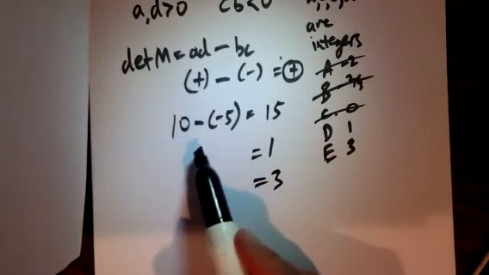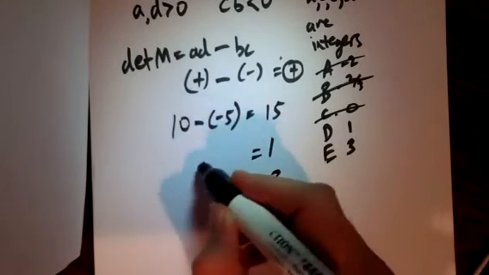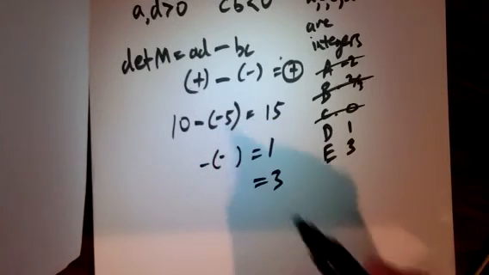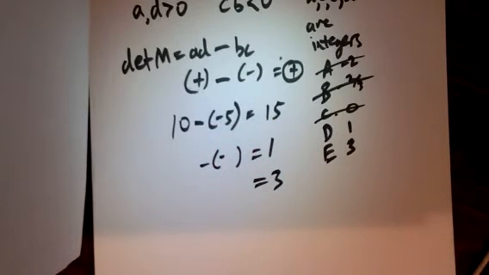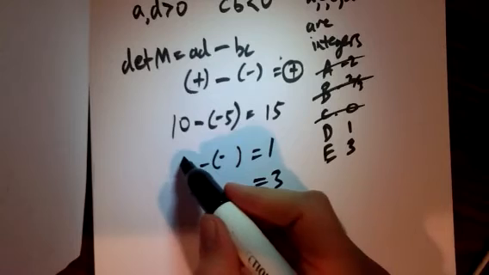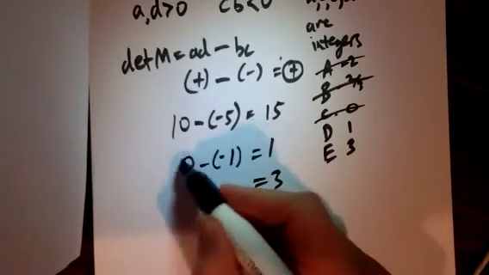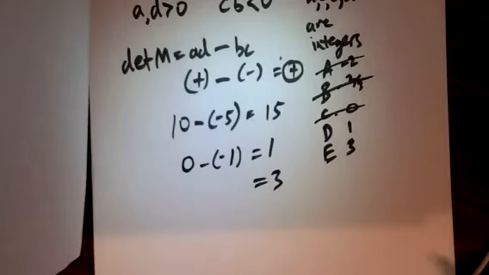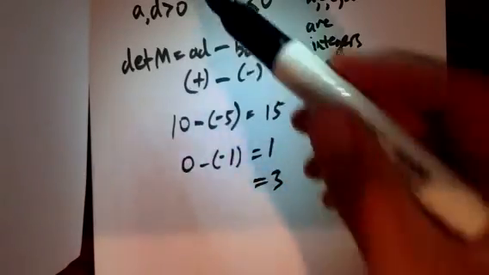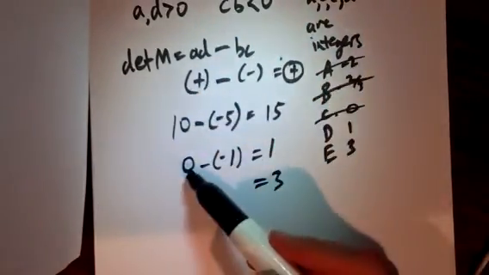Well, subtracting a negative, what could we really have here? Well, if it's 0 minus -1, that would be 1. But the first product must be positive, so that can't be the case.